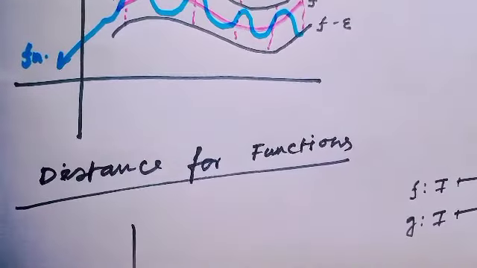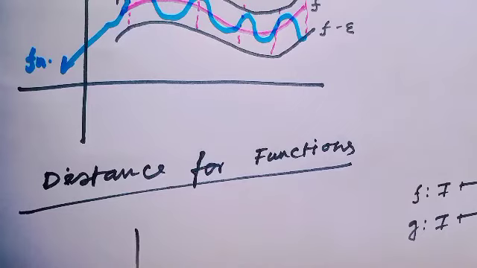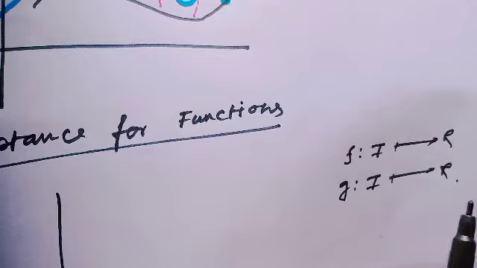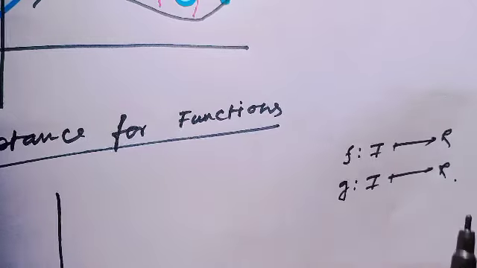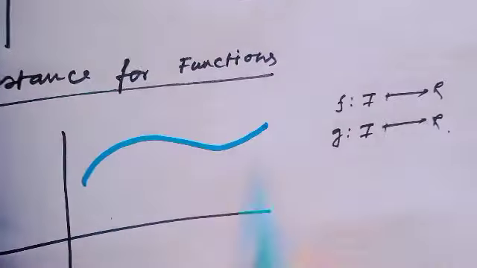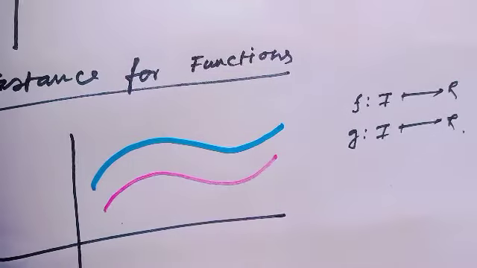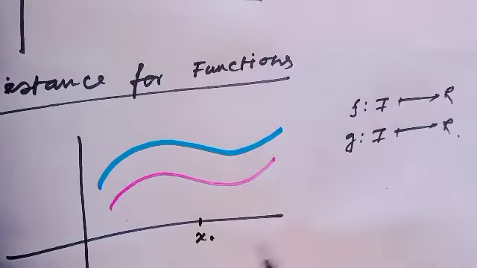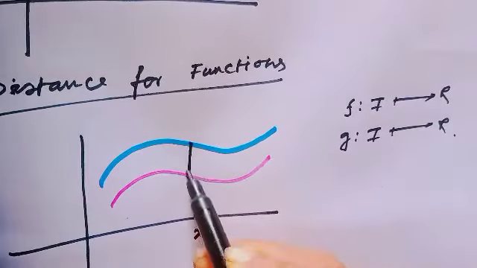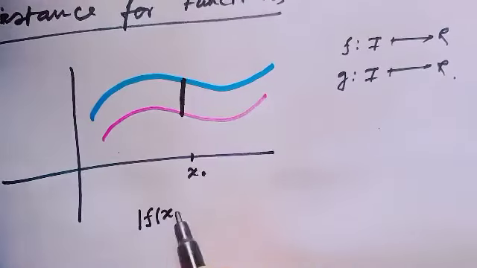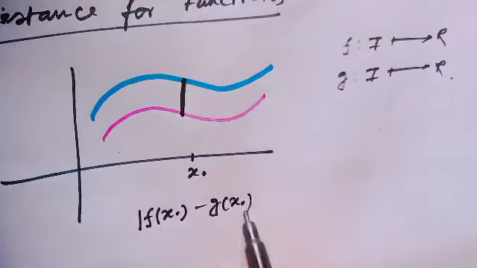Now I will show another method to find the uniform convergence of a sequence of functions. Take two functions f and g, where f is defined from I to R and g is defined from I to R. Suppose this is the f function and this is the g function, and at the point x0 the difference between these two functions would be f(x0) minus g(x0).